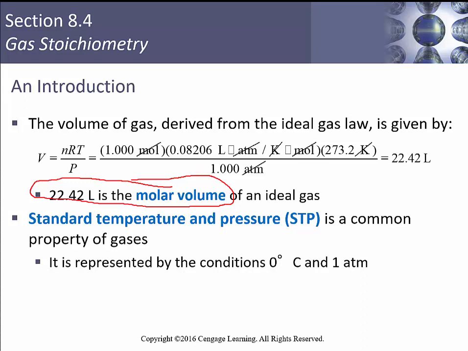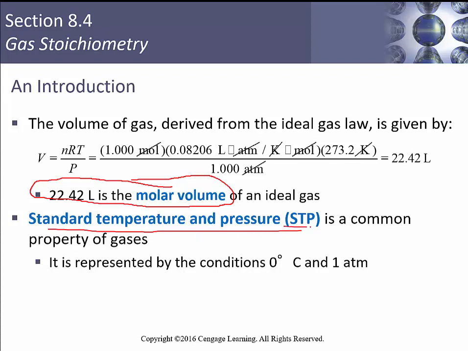But I would wager that probably everybody has seen a 2-liter soda bottle at some point. So you're looking at 11 2-liter soda bottles. That's what 1 mole of gas is going to become. So this is at what we call standard temperature and pressure. And just like we had a standard state condition in thermochemistry, we're going to have a standard temperature and pressure when we're dealing with gases.